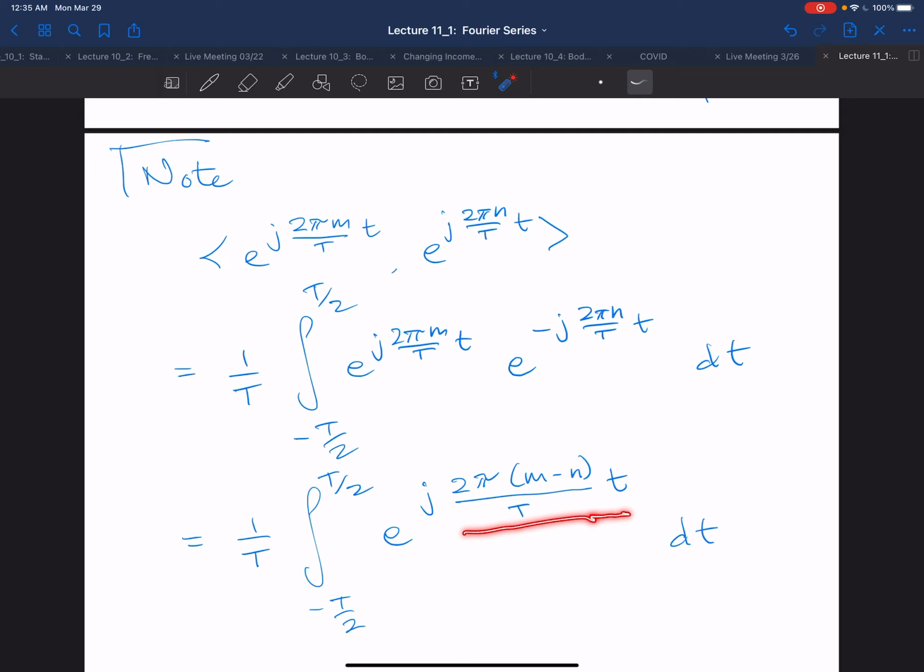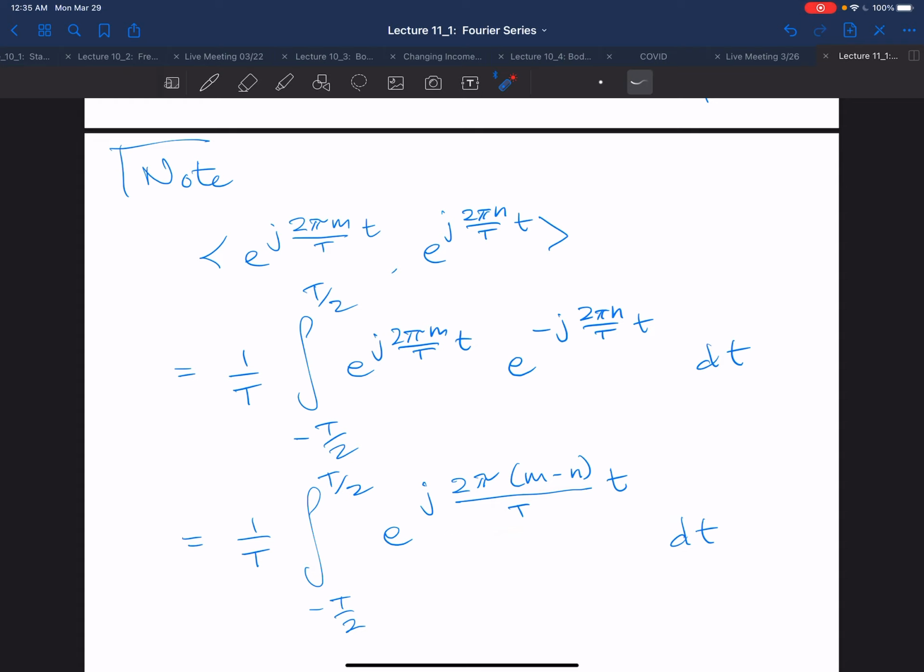This function is going to be periodic with period T, and indeed with period T over (m minus n) if m minus n is non-zero. So if m minus n is non-zero, if m and n are different, then this is in fact going to be a sinusoid whose period is T over (m minus n).